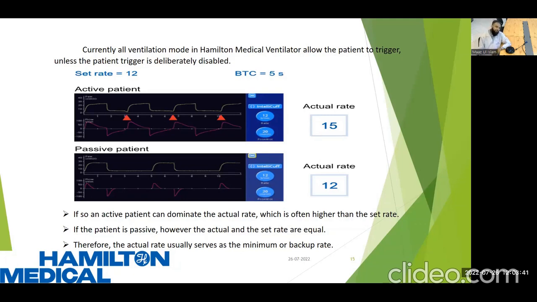First of all, I want to say that there are two types of ventilated patients. Number one is active patients, and number two is passive patients. Active patients are responsive or command-following patients, or in medical terms, patients who are not sedated and paralyzed.